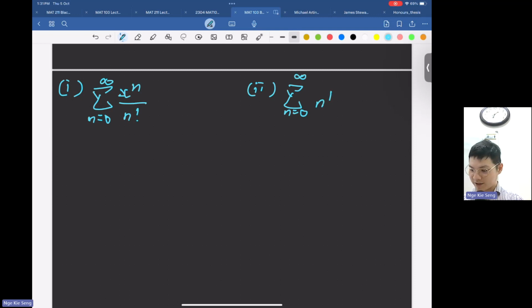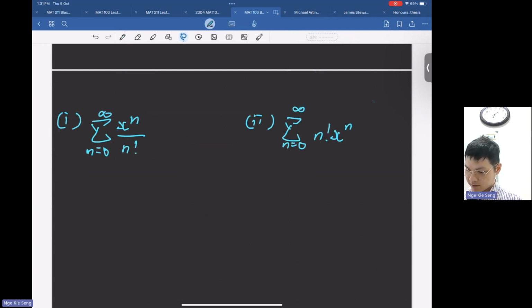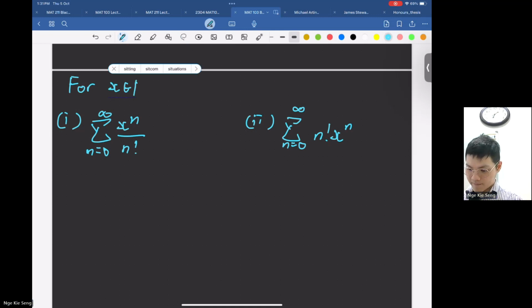I just swap the n factorial position, and try to check when these two converge. Remember our x lives in R. I'll give you 5 minutes.